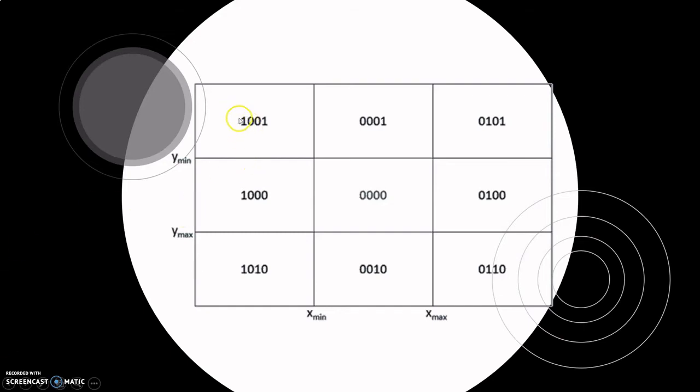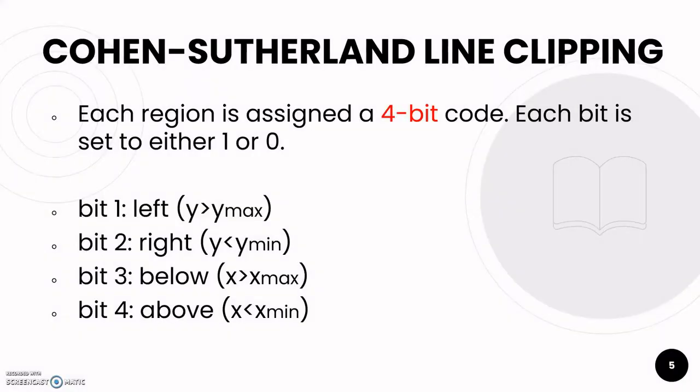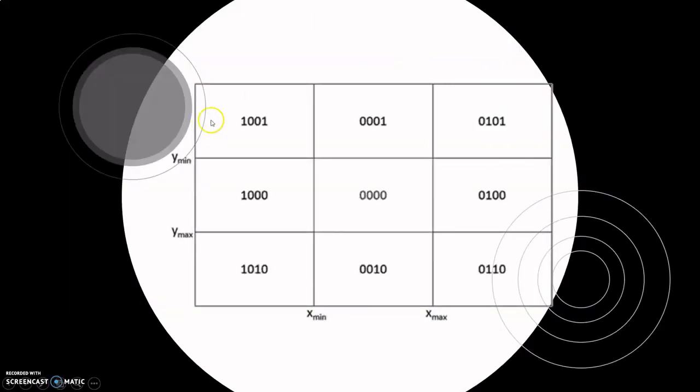Let's see how these codes are formed. The first bit is left. Left, right, below and above are the 4 bits. Here it is on the left side, so it is 1. It is not on the right side, so 0. It is not below, so 0.